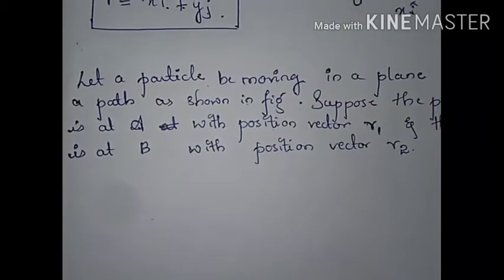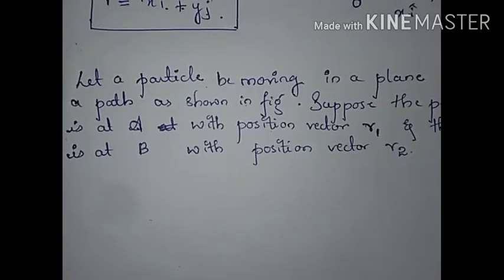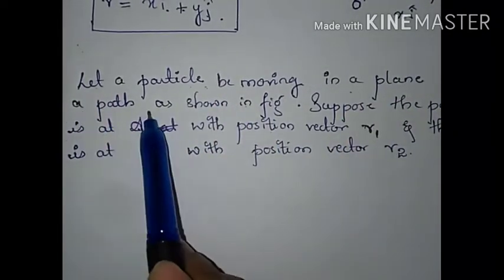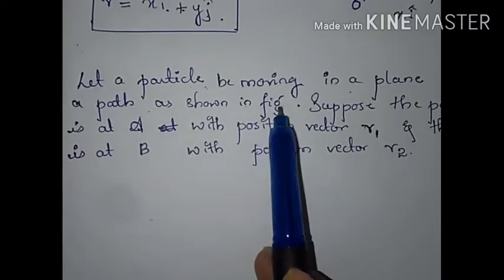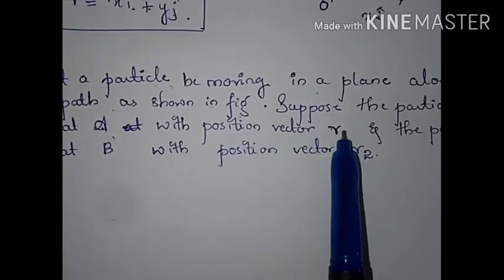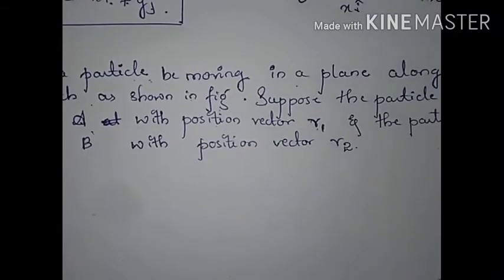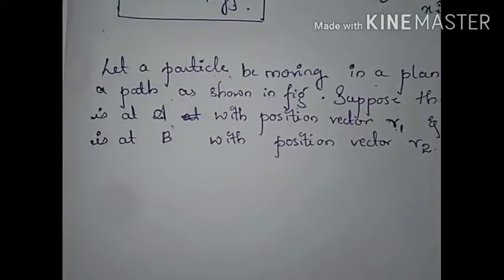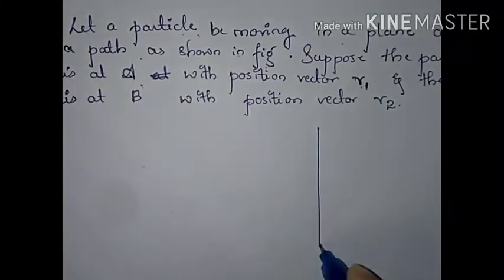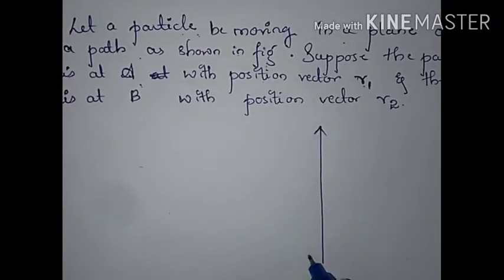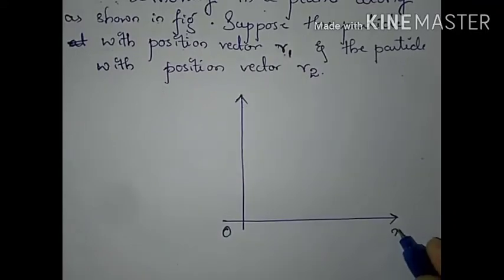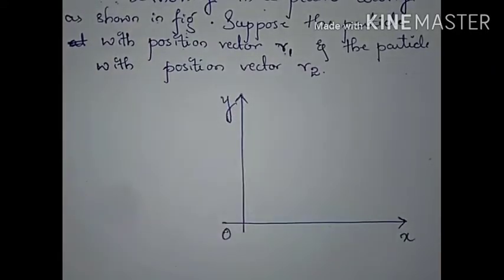So here is a condition to write the position vector. Let a particle be moving in a plane along the path, as shown in the figure. I will draw the figure. Suppose the particle is at A with position vector r1 and the particle is at B with position vector r2. So let's suppose you have the motion of the particle in a plane. So what you have to draw? You have to draw two axes, x and y.